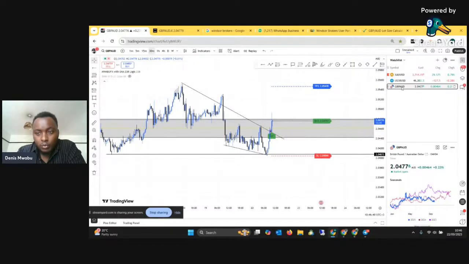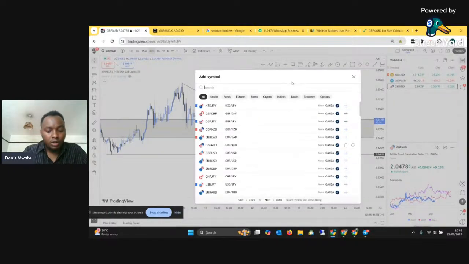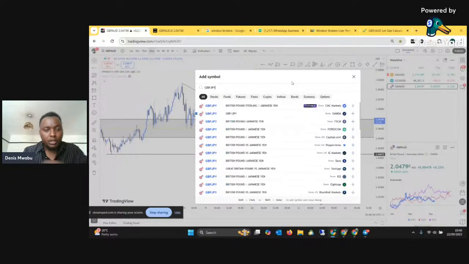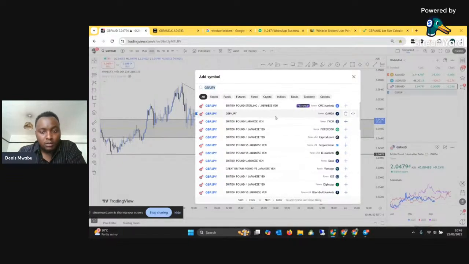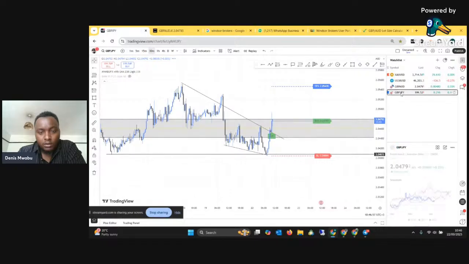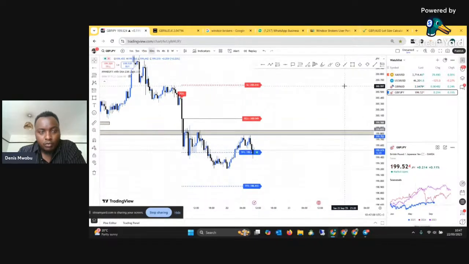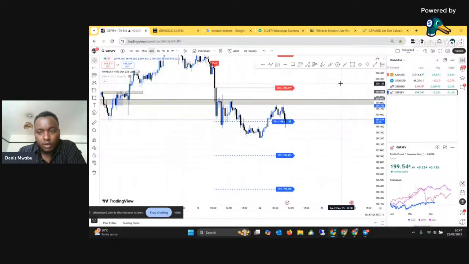Okay, GBP AUD, that is one of the trades, and then we had GBP JPY. That was our other trade, guys. I think those are the two trades that we've been able to talk about.